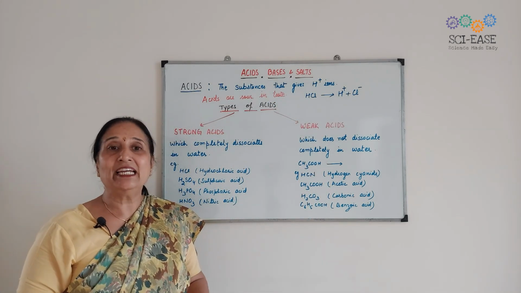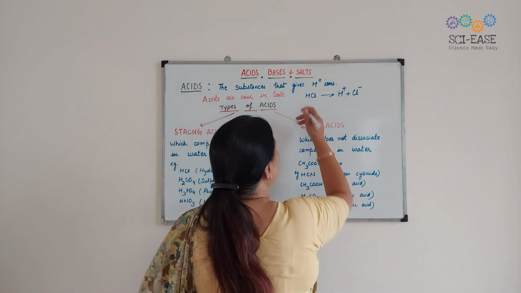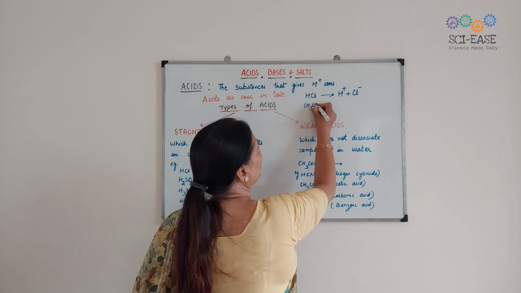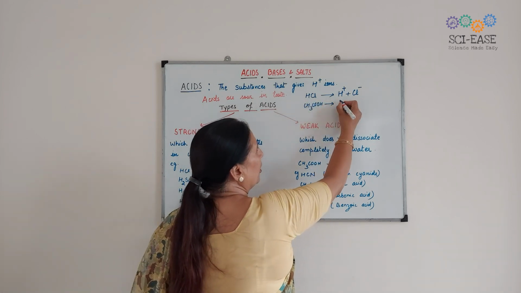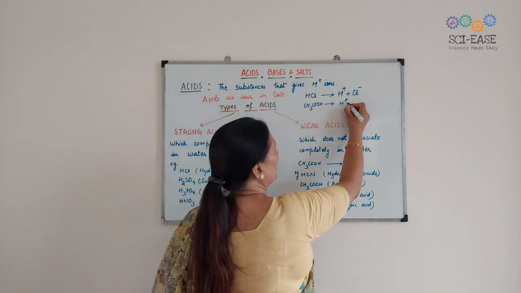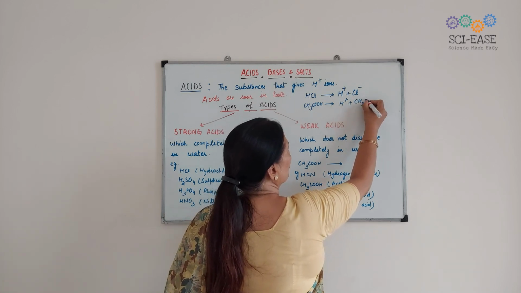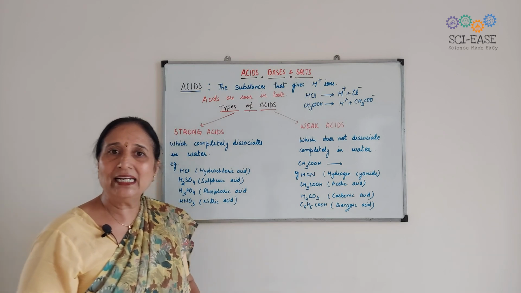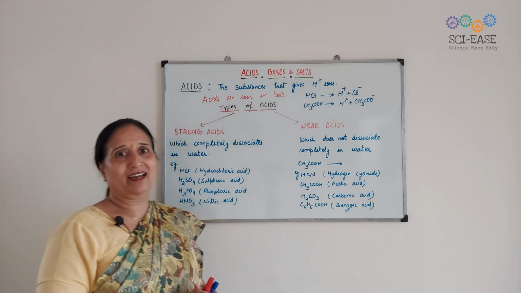You can take any other example also. Suppose this is acetic acid, vinegar, you know. When it is dissolved in water, it will again dissociate into H positive and CH3COO negative, the acetate ion.